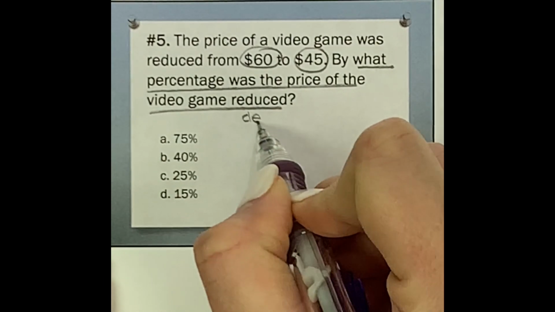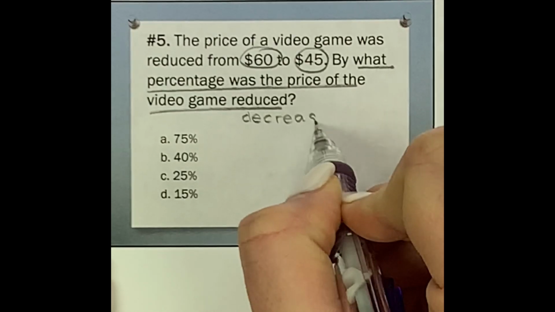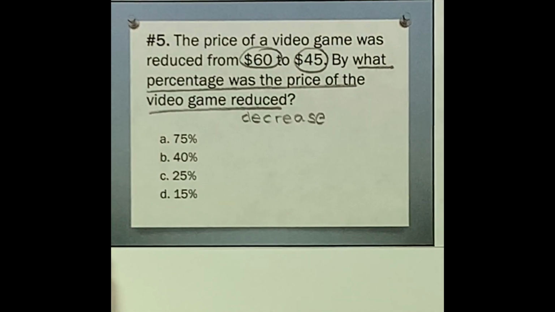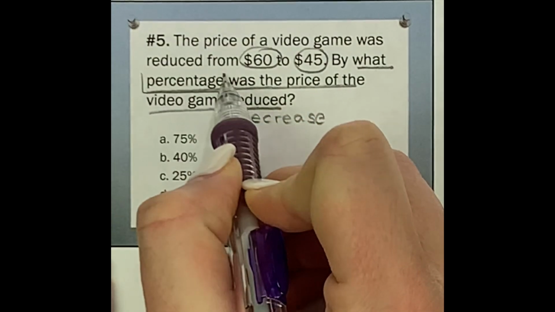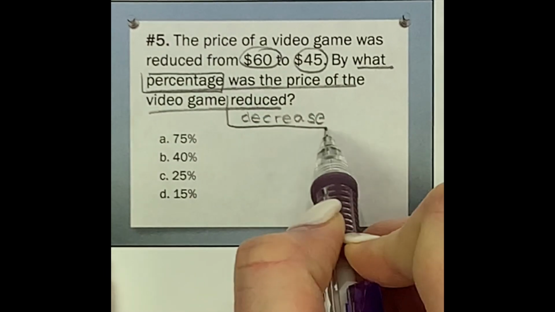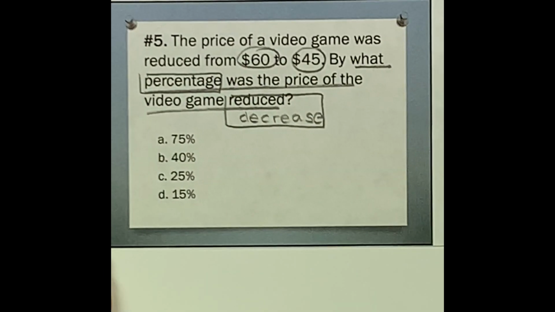The word reduce means decrease. So even though percent reduce is not one of the look fors that we're used to, percent reduce means percent decrease. So yes, this is a percentage change formula.